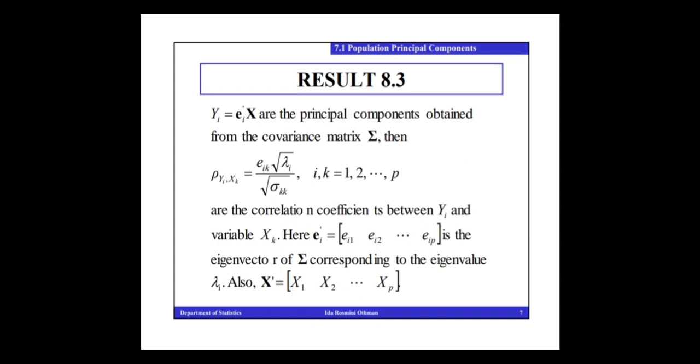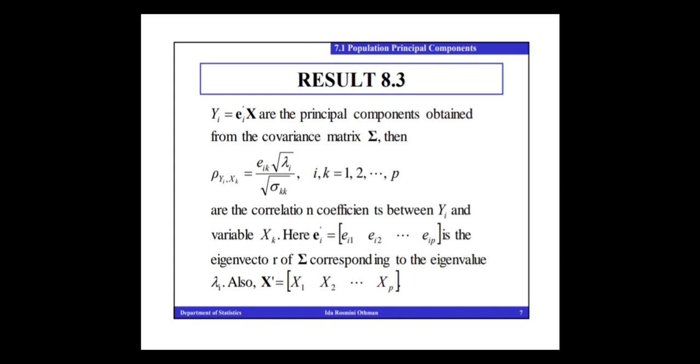Okay, lambda ni belong kepada principal components, divide dengan square root of sigma ataupun standard deviation of kk belong to the variables. Let's say you want to find the correlation between first principal component and first variable.